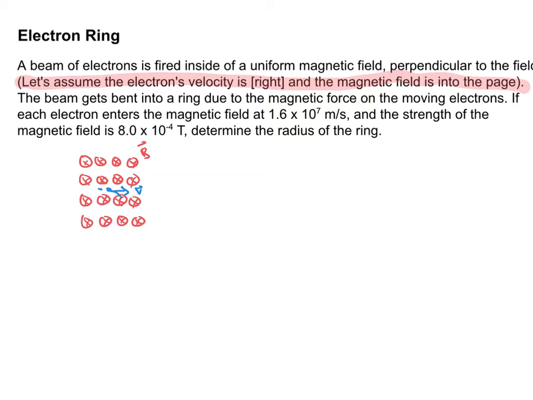So it'll start to curve into this kind of a circle. So it's going to end up going in uniform circular motion, always experiencing a magnetic force towards the center of that circle due to right hand rule number 3. Okay, so that's kind of what's going on.